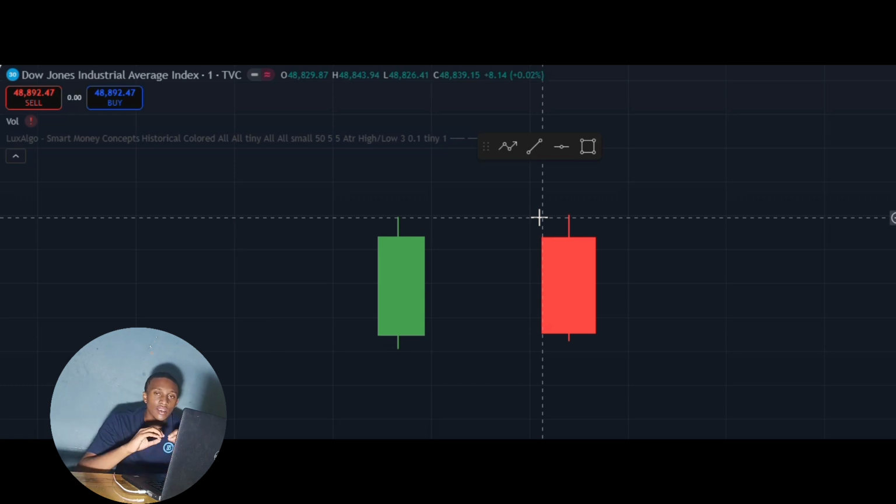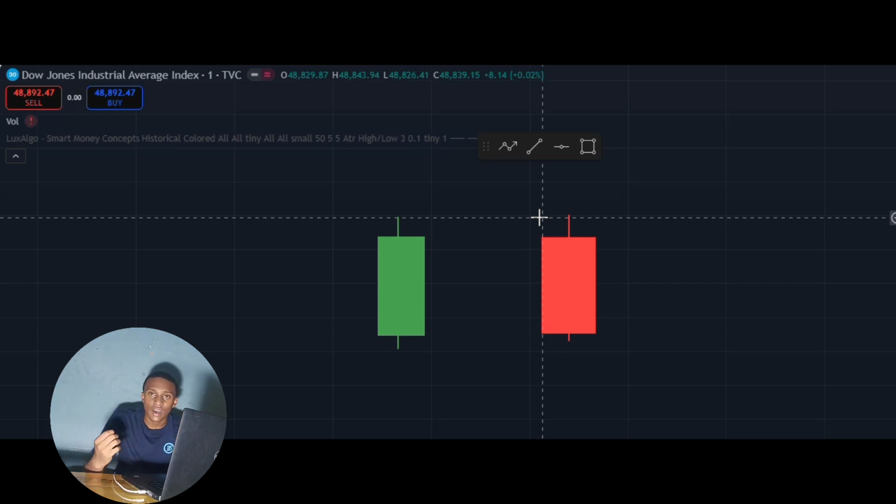So how do we say whether it went up or went down? It's because the close will be above the open. So it opened below, and then closed above. That is a bullish candlestick. And likewise on the bearish candlestick, when the market opens above and closes below, that means the market actually went down.